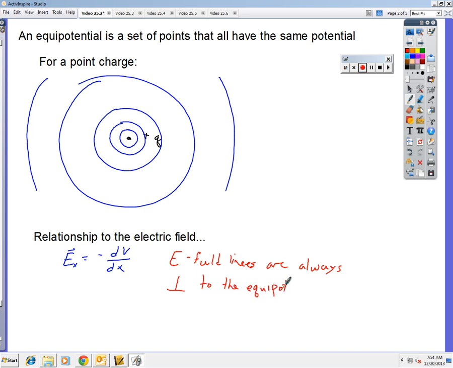The idea is the electric field always points downhill. So for a point charge, the electric field is the red, and the equipotentials are the blue. Notice that every time an equipotential crosses a field line, the two are perpendicular.